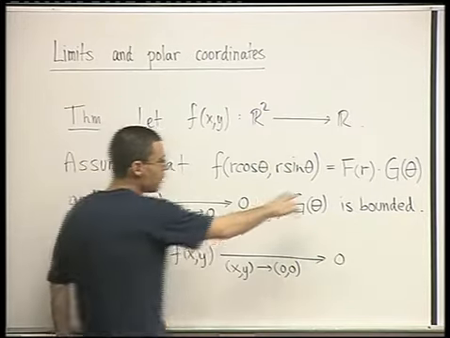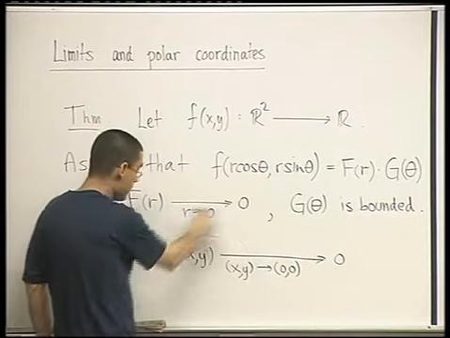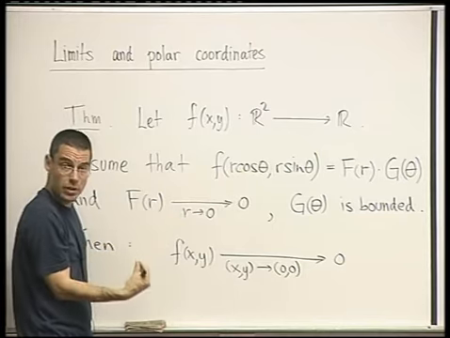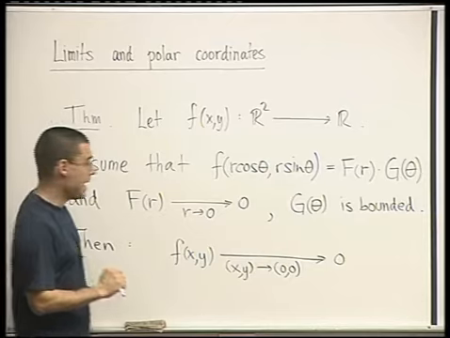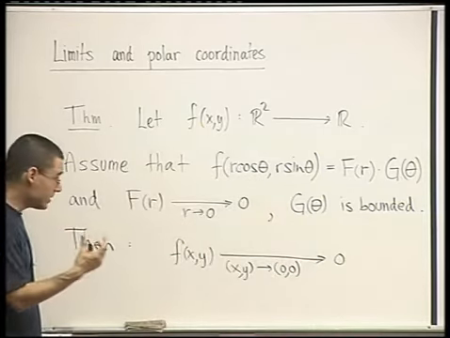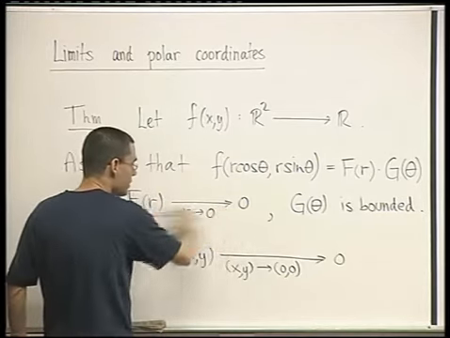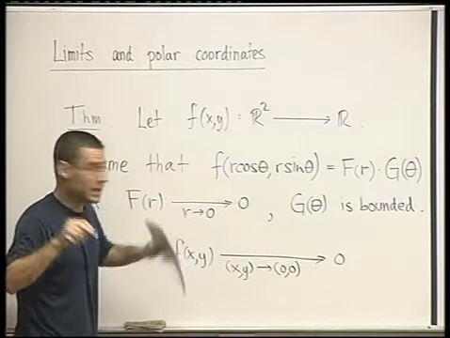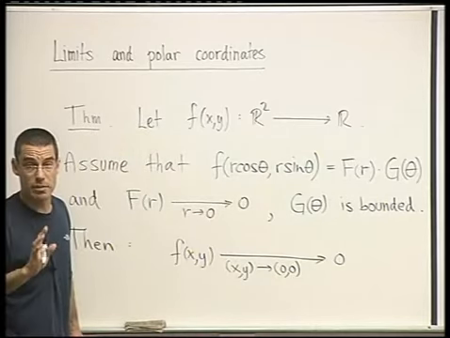And when it breaks up like this and F of r goes to 0, this is saying that as you get closer and closer to the origin, you tend to the value 0. Do you agree? And the fact that g of theta is bounded says that in a certain aspect, this tending to 0 cannot be overruled, cannot be messed up by g of theta tending to infinity or doing something funny.